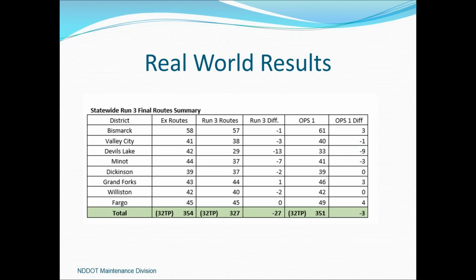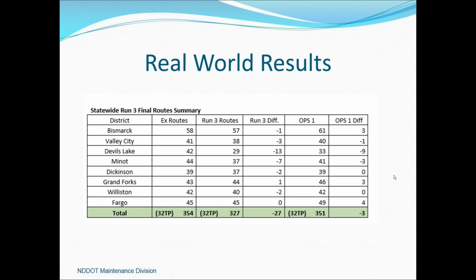Now, for our real world results, we started out with 354 routes. We ended up with 27 less, or 327 routes. But when you equate that to bodies, we took a hard look at our operation, and the reality of the situation is that on any given storm day, and validated with our human resources and tracking our timesheets, 10% of our workforce is gone for the day, either out sick or for some other reason.